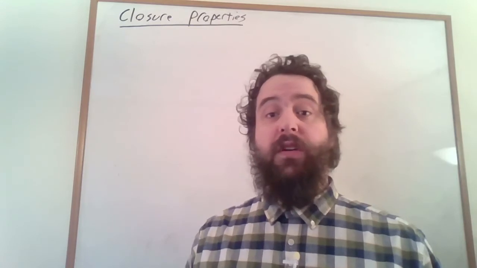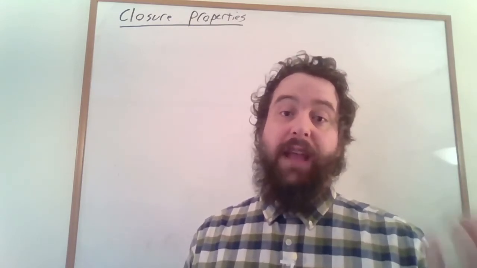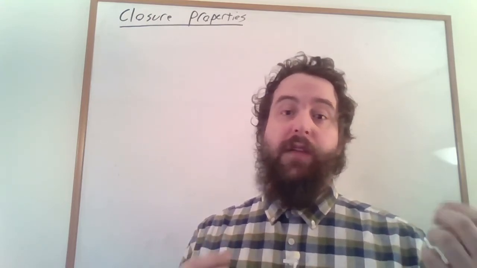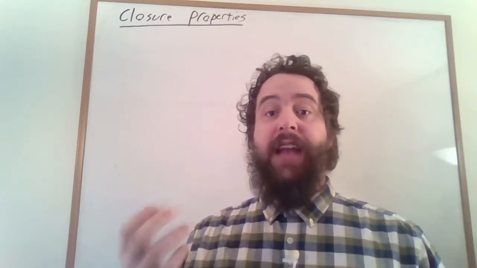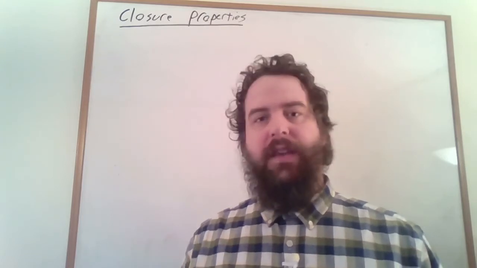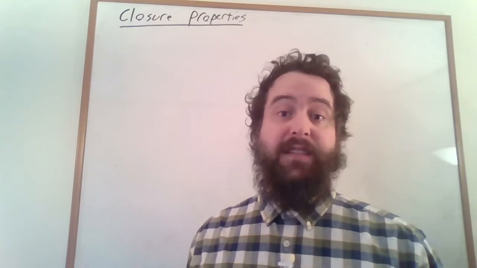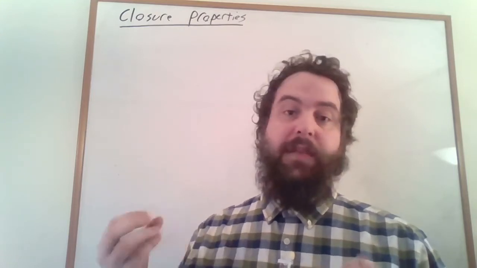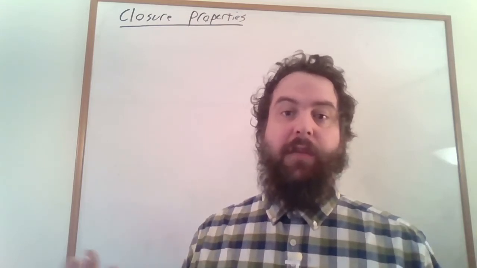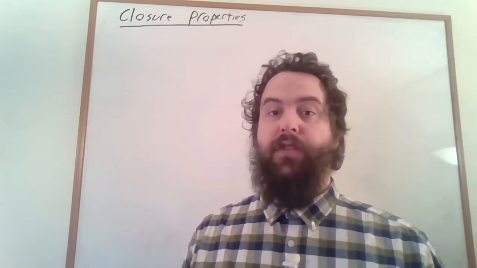Another really important closure property of the regular languages is that if we take a regular language and we complement it, that is, we take the set of all words that are not in that language, then that new language is also going to be regular. And this is really obvious to see if we think about this again from the perspective of deterministic finite state automata. We simply switch the accept and not accept states, and that gives us an automaton that accepts all of the words that were not accepted by the original automaton.